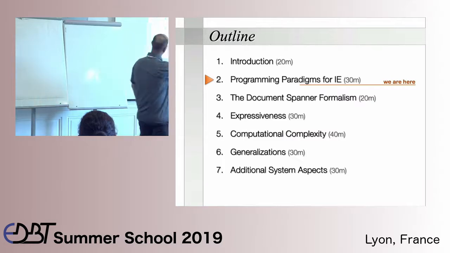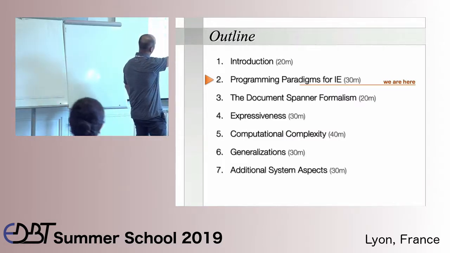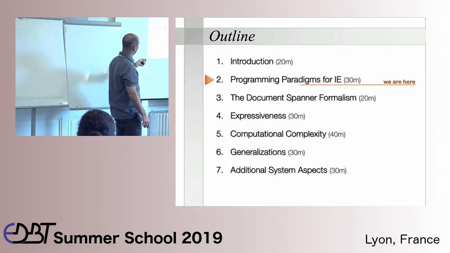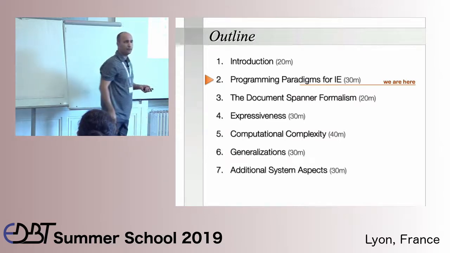And after I introduce this formalism, I'll get into some specific analysis. This is parts 4 and 5. And then I don't think that I have the time to go into both 6 and 7.